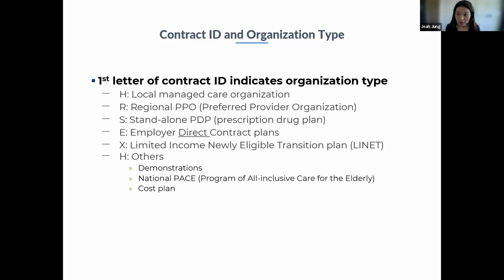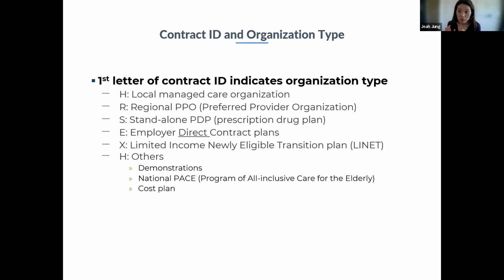Now, R represents the regional PPOs, and PPOs are preferred provider organizations. So what is regional? Regional is either one state or more than one state. We have about more than 30 regions in the nation. So it's like 33 or 36, I'm not sure. So one state, Minnesota, might represent one region, but Nebraska, South Dakota, and North Dakota, for example, 3 states might represent one region.